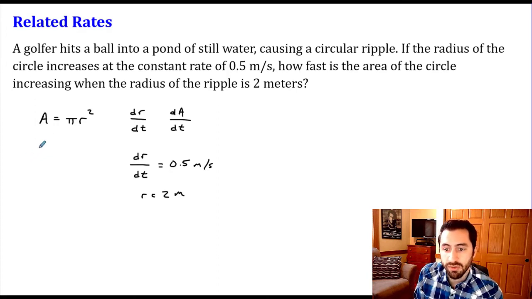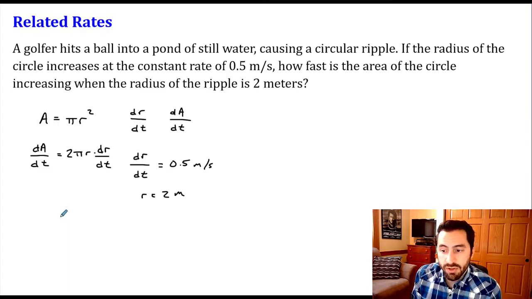So we have the derivative of capital A, the derivative of the area with respect to time. And on the other side of the equal sign, we'll take the derivative of this. So power rule, the 2 comes down. So we end up with 2 pi times r times the derivative of the radius with respect to time.